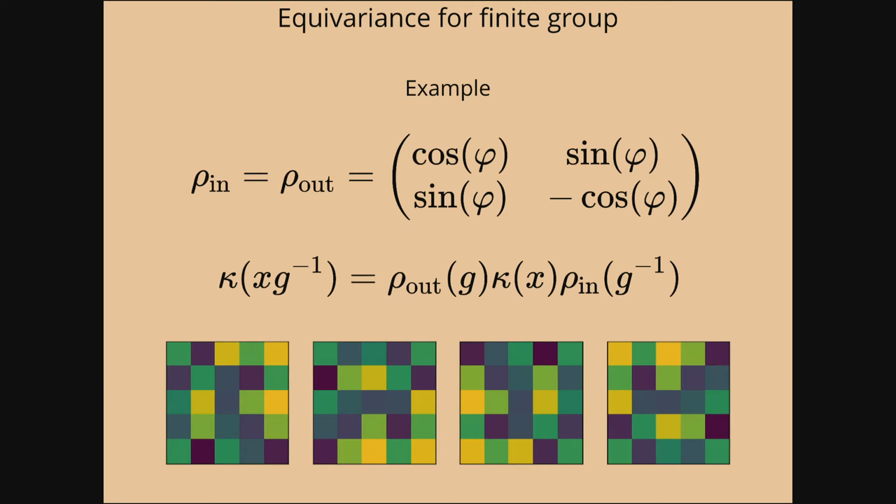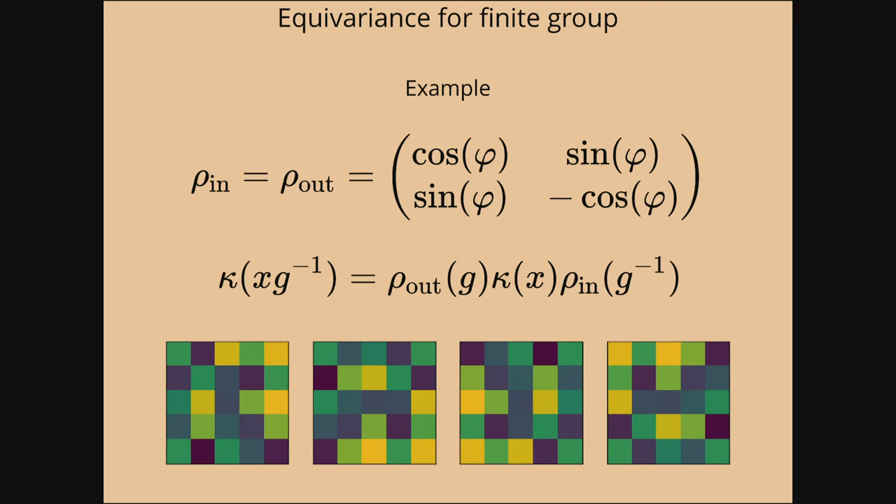But either way, we have our kernels which are rotated, and when we want to compute this for the representation, which is this one, phi will always be pi over 2, pi, 3 pi over 2, 2 pi.